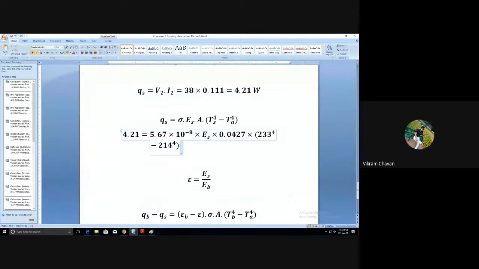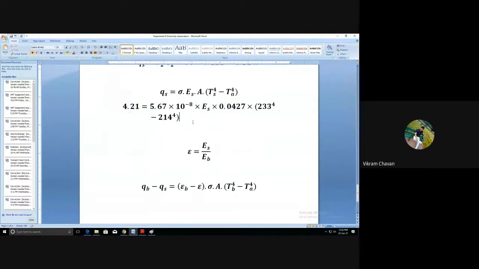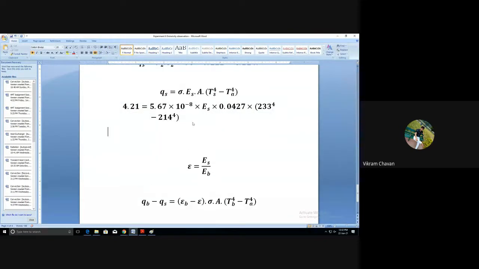Now once again 233 raised to 4 minus 214, only because TS and TB are the same. Do the calculation and determine E suffix S.